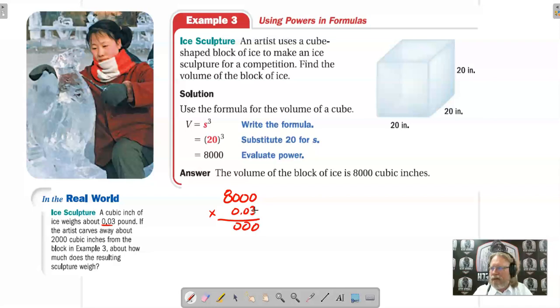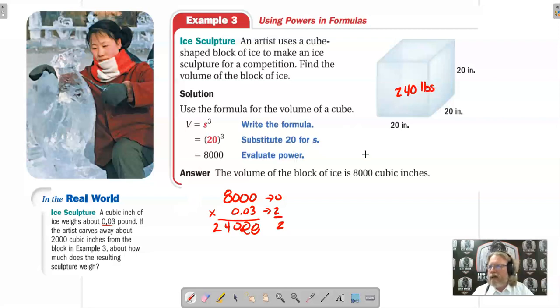I'm getting that from 3 times 0, 0, and 3 times 8 is 24. We have 0 decimals here, 2 after the decimal, and 0 plus 2 is 2, so we're going to move that decimal over 2 places. So right there we have this whole block is 240 pounds, right?